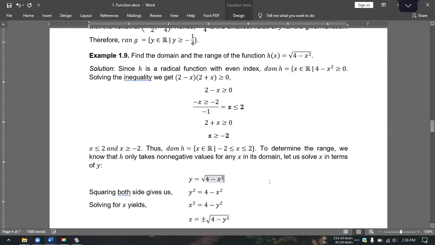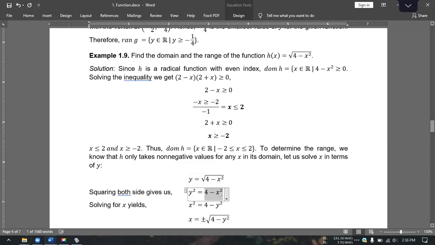So from y is equal to square root of 4 minus x squared. And to isolate the value of x, of course, we have to get rid of the radical sign. To get rid of the radical sign, we have to square both sides of the equation. That's why we have here y squared, and then wala na tayong radical sign doon.